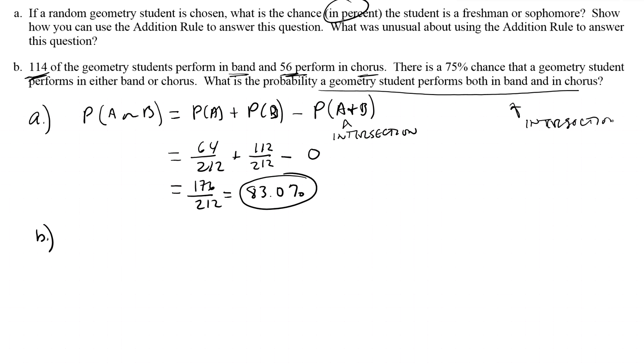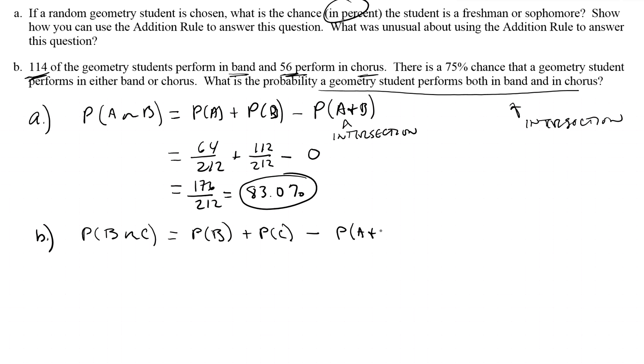So if we set this up, we want the probability of band or chorus, and I know that's the probability of band plus the probability of chorus minus the intersection.